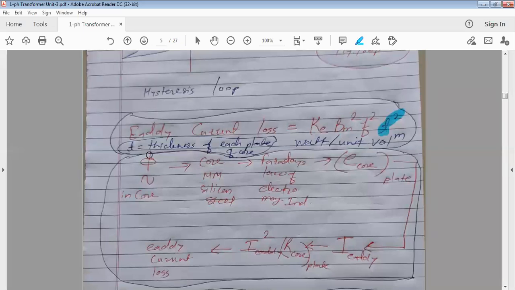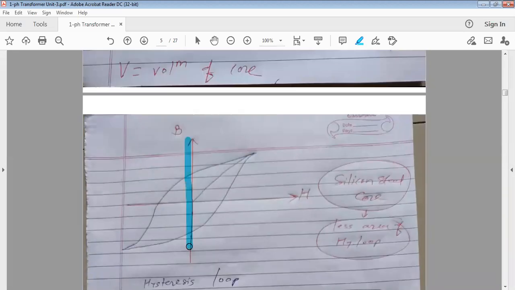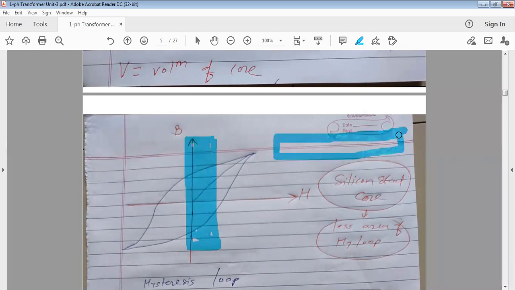It's the thickness of each plate. I told you that the core is not solid, it's a laminated core. Laminated core means vertical plates of thickness 0.3 to 0.5 mm get manufactured, a number of plates. Similarly, horizontal ones are also of the same thickness, 0.3 to 0.5 mm.